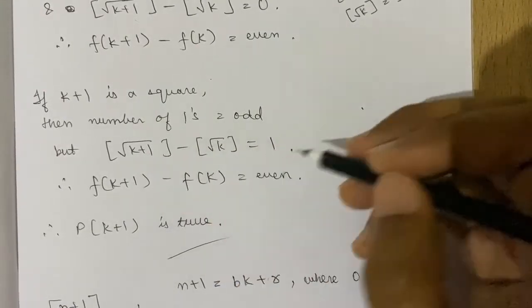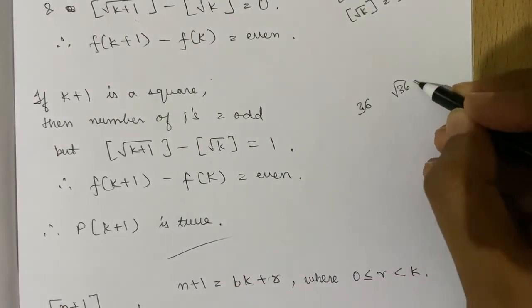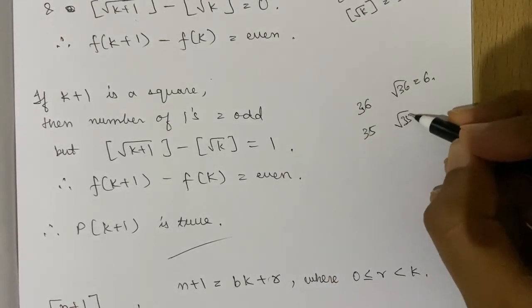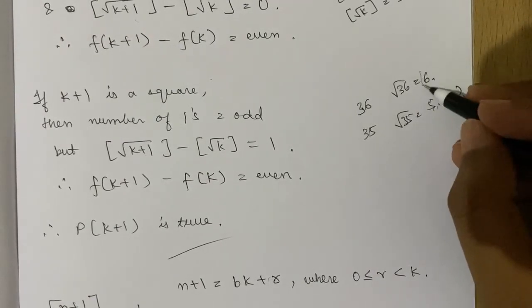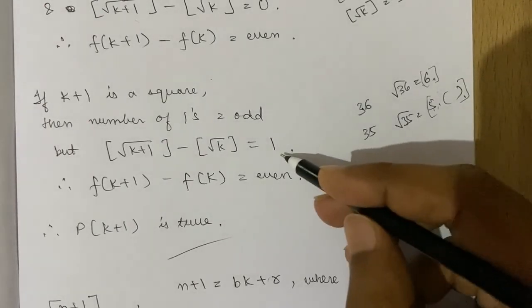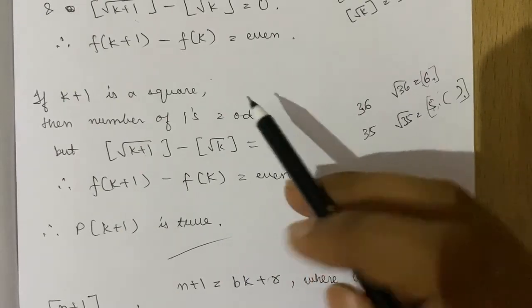Let's say it is 36. The root of 36 is 6, but 35 is not a perfect square, and root 35 would be 5 point something. So 6 minus 5 is 1. So f(k+1) minus f(k) is even.